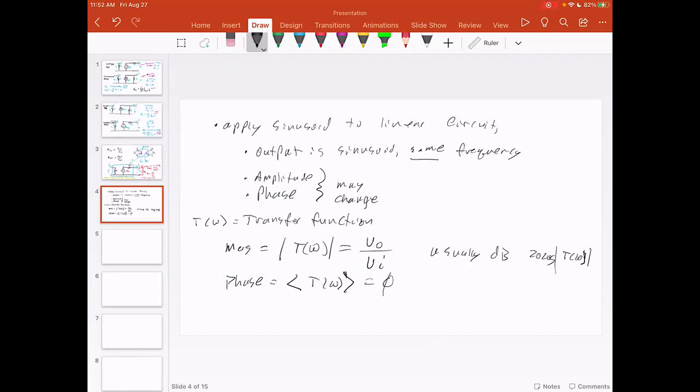If we know those two things at a frequency, then we can predict the output due to some input at that frequency. And we usually make a table of that, or a Bode plot representing the gain versus frequency. There should be log.